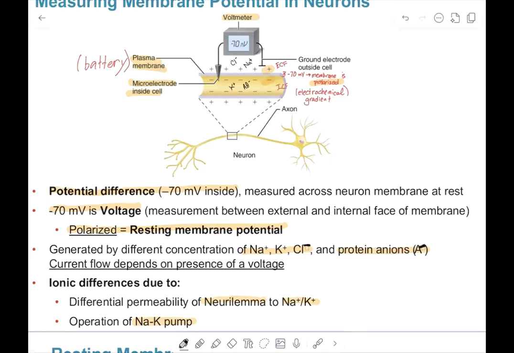And the reason for the sodium pump is that basically it restores the balance of the sodium in the extracellular fluid and the potassium in the intracellular fluid after all of those action potentials, which we'll be talking about coming up.